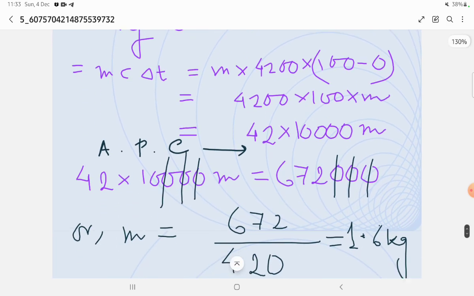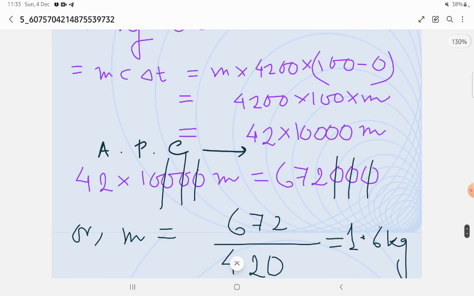Now here I have written APC, so you will be surprised what is APC. It is according to the principle of calorimetry. I have not written the full statement here, but in ICSE you have to write this. Otherwise your 1 mark will be deducted. If you remember, while solving the numericals of principle of moments, I told you there you have to write POM.